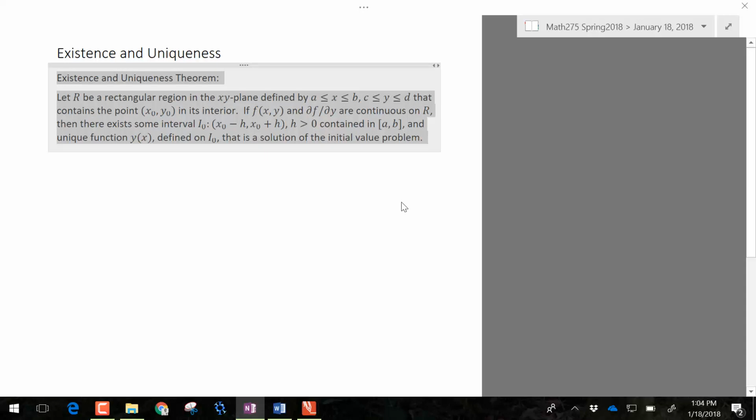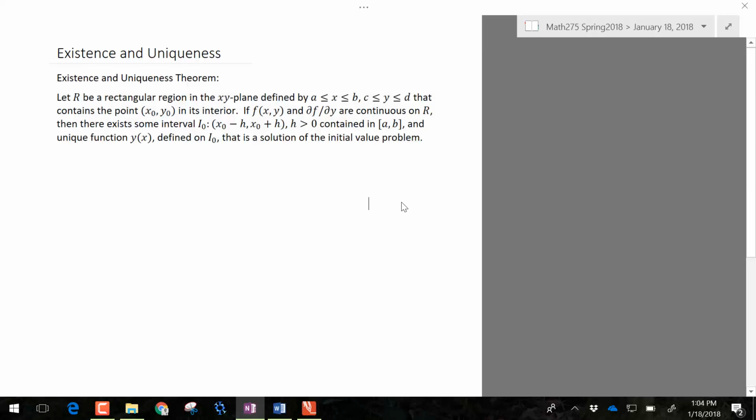That question comes up in a lot of cases in math, especially in differential equations, where it's called the existence and uniqueness theorem. Here they talk about some rectangular region, with some intervals for x and some intervals for y that make up the region. It contains some initial point, the initial value. That's the initial condition we're going to be looking at.